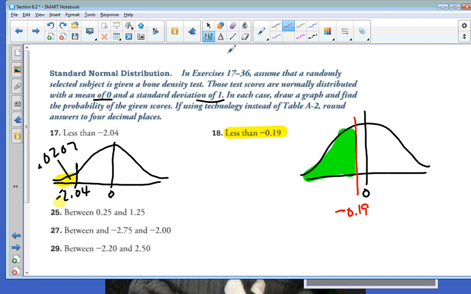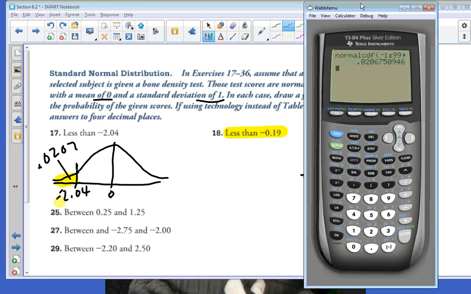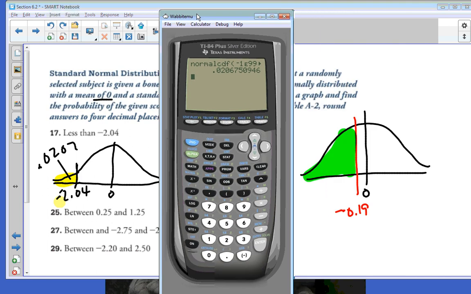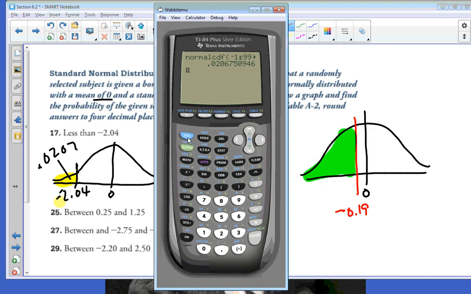Again, we can go to our calculator, to our normal curve, and I'm going to put from the very end, negative 99999, to negative 0.19. That's my z. Again, I'm looking for area, and enter.